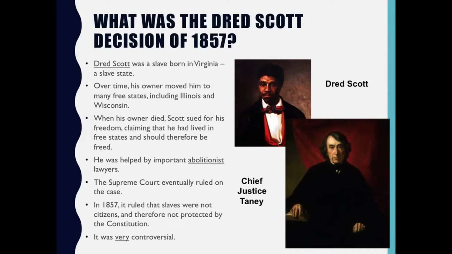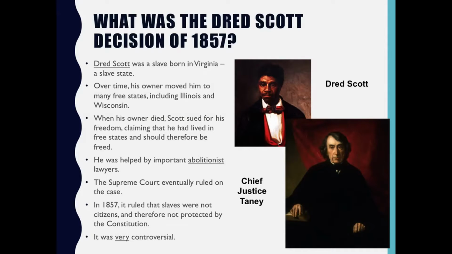Then the Supreme Court got involved with something called the Dred Scott decision of 1857. And this kind of poured gasoline on the fires that were rupturing between the North and the South. Dred Scott was a slave who was born in Virginia, and Virginia was a slave state.